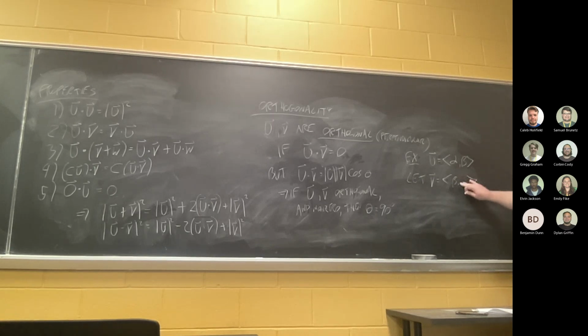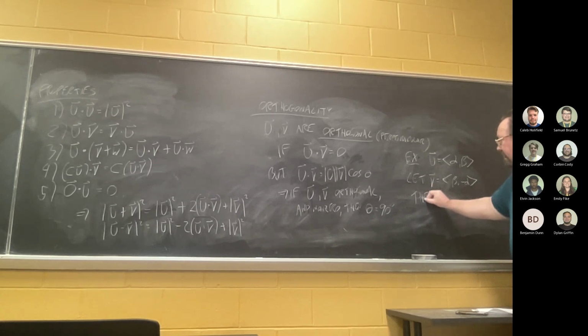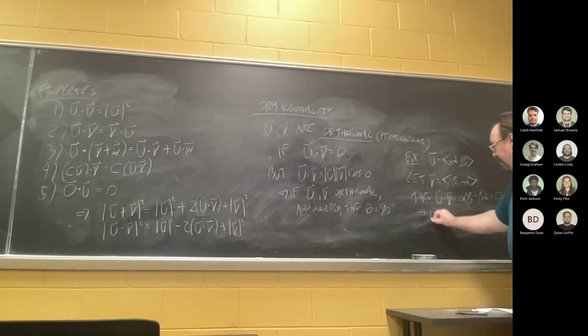So I'll negate alpha. Then u dot v would be alpha times beta minus beta times alpha, which is 0. So u is perpendicular to v, or orthogonal. This is a convenient way to get a vector that's orthogonal to a given vector in 2 dimensions.